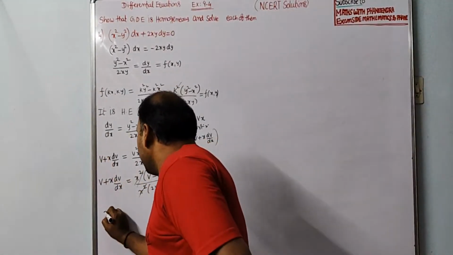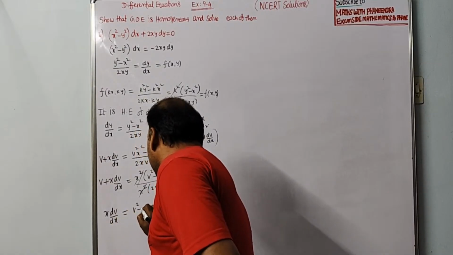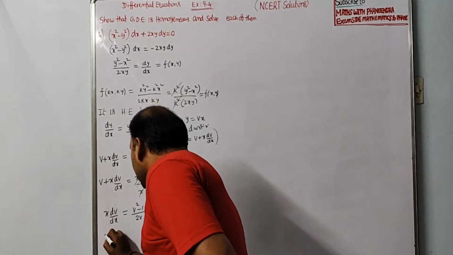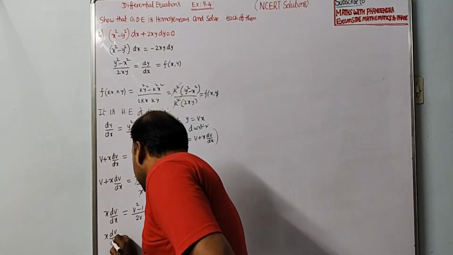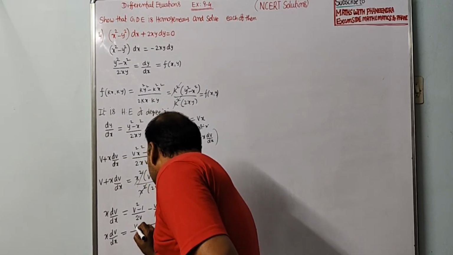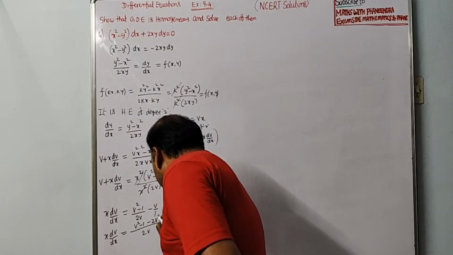We bring this side: x into dv by dx is equal to v square minus 1 by 2v minus v by 1. So x into dv by dx is equal to, 2v is the LCM, v square minus 1 minus 2v square.